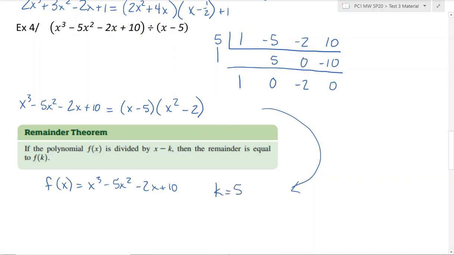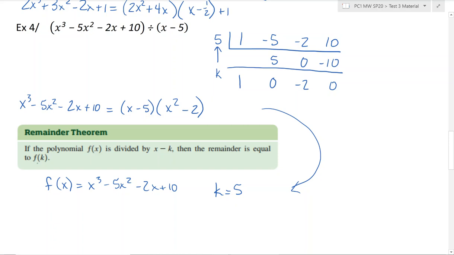That number there is your k. If this said x plus 5, then it would be x minus negative 5, to put it into x minus k form, and negative 5 would be your k. But here we have a k of positive 5.